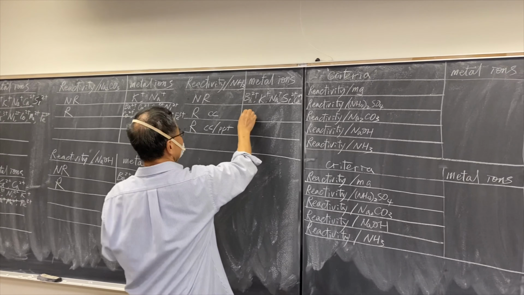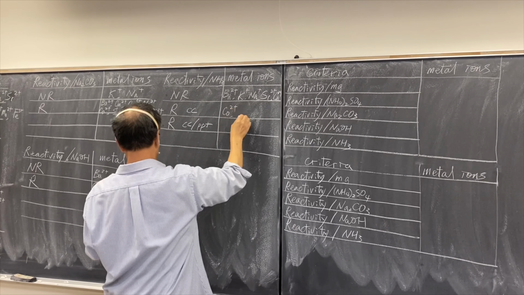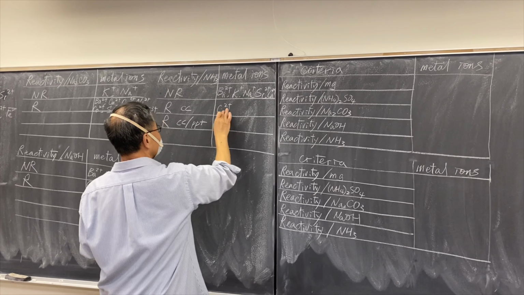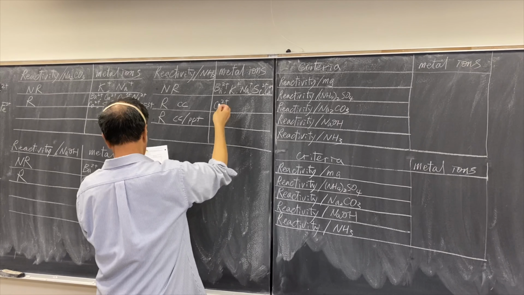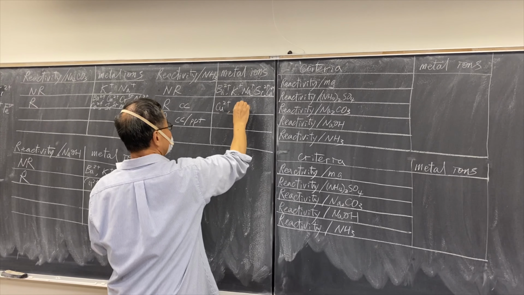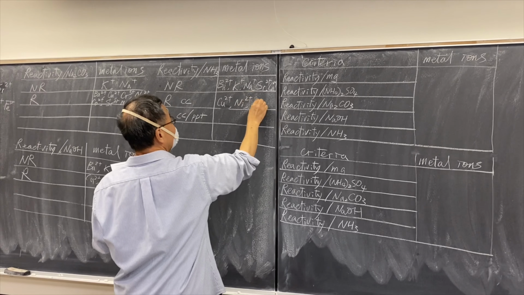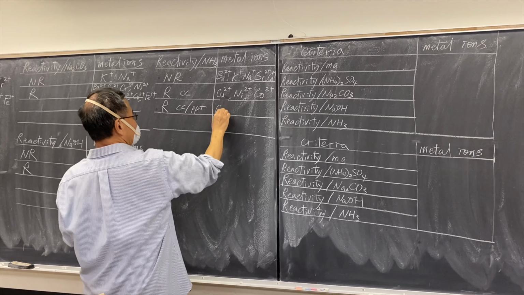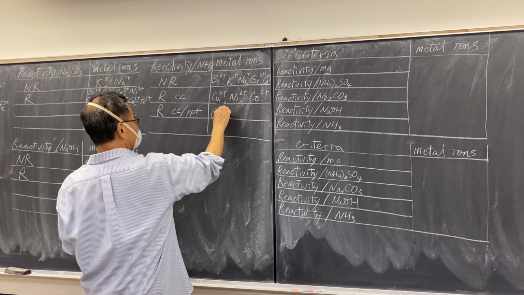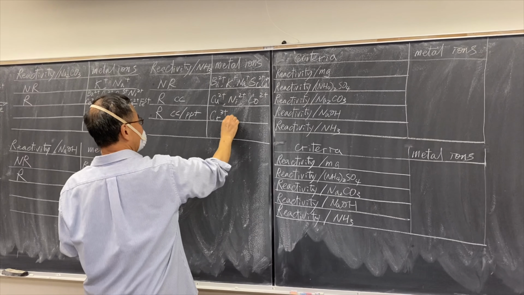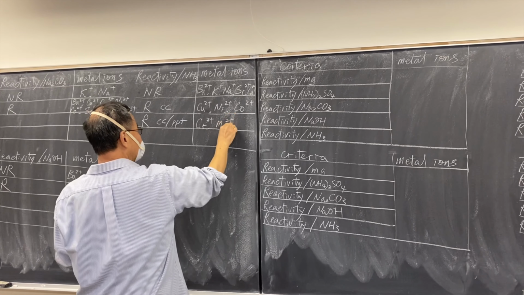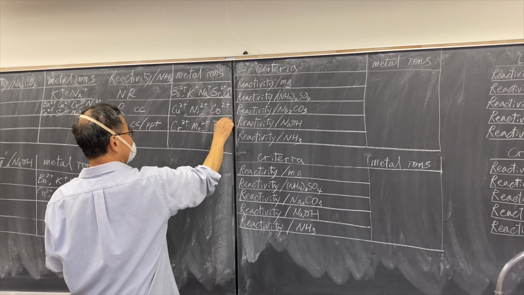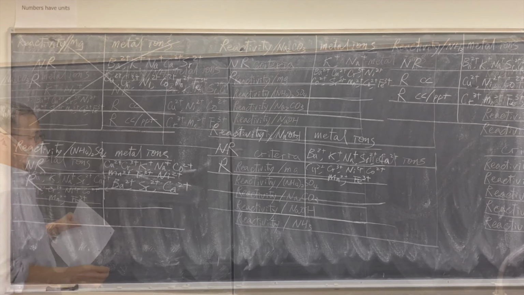So cobalt 2, copper 2, and nickel 2, and cobalt 2, all right, in this order. And chromium 3, manganese 2, and iron 3.